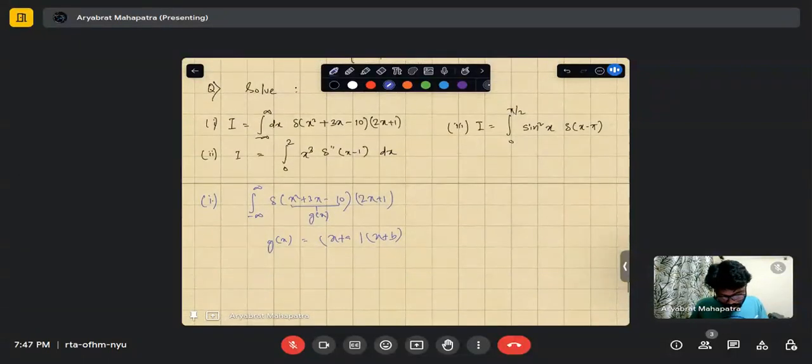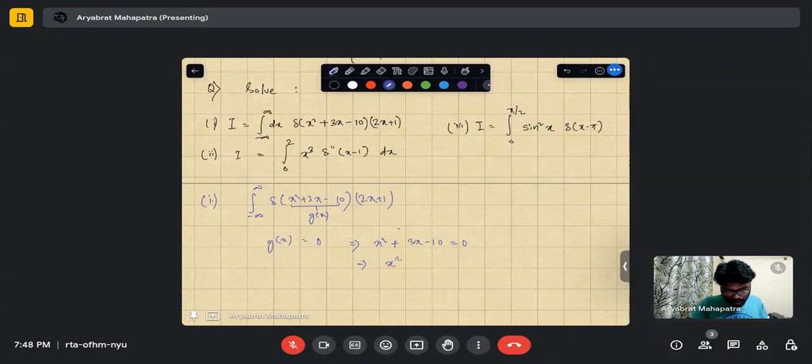First, you take the root of this function g of x. To take the root of this function, I can simply make it 0. So this will be x squared plus 3x minus 10 equals 0.